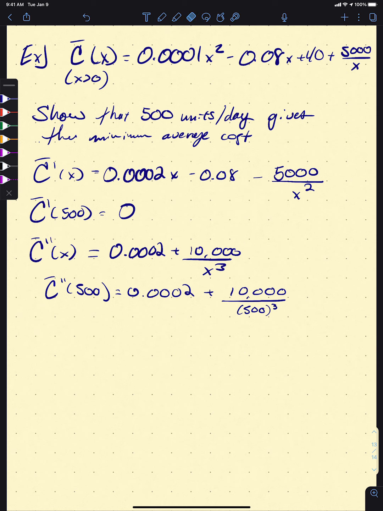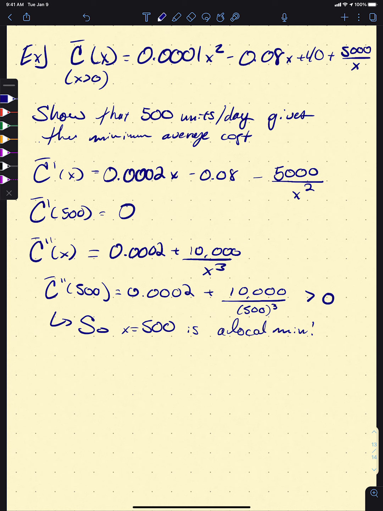All we need to do is notice that this is greater than 0. There's no way for this to be less than 0. And so that means that our function is concave up there. So x equals 500 is a local minimum. Okay.